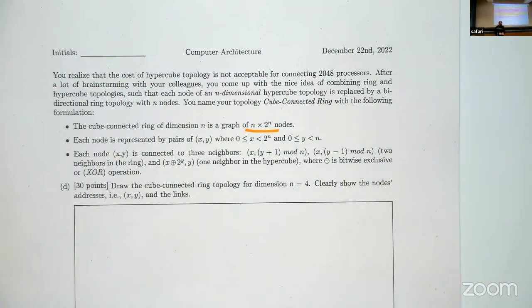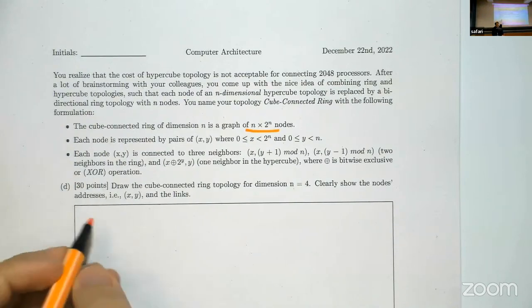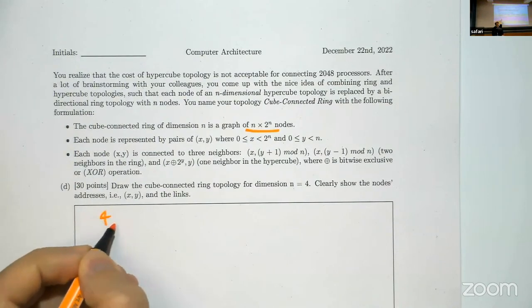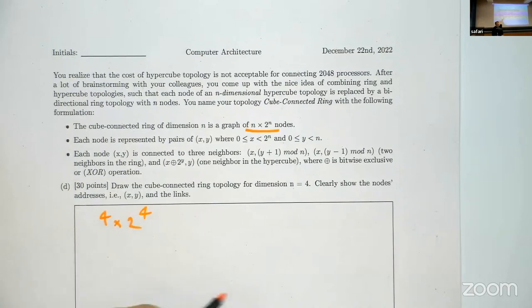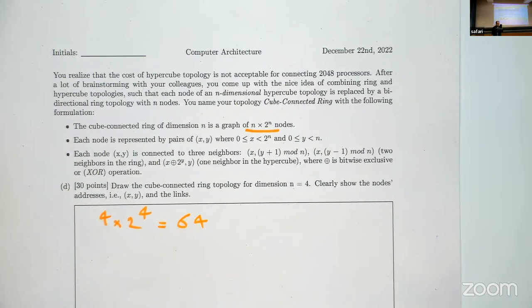Okay. So in part D, we are asking, draw the cube connected ring topology for dimension n equals 4. Clearly show the nodes, addresses x, y, and the links. So when we have n equals 4, our topology has 4 times 2 to the power 4 nodes, which equals 64.